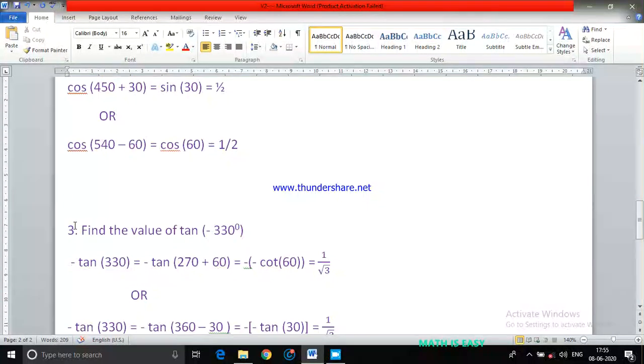Now you may ask, what if I get 40 degrees or 29 degrees. For those angles, for example, if I find the value of 229, you cannot find it by this method. So we have to use the trigonometric tables.